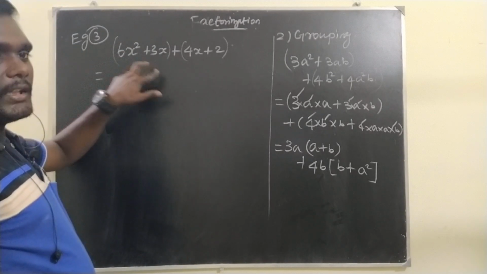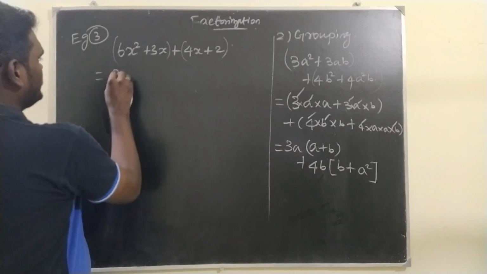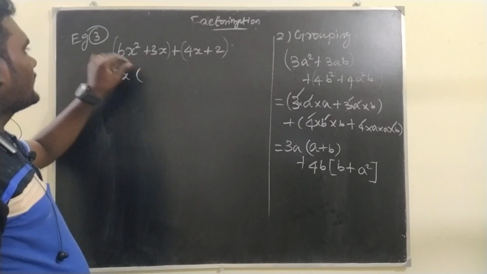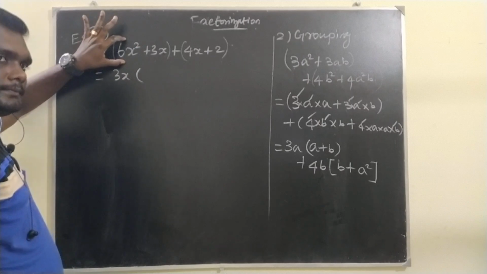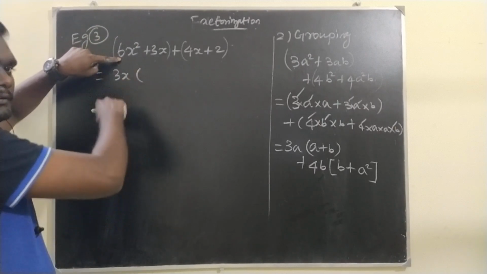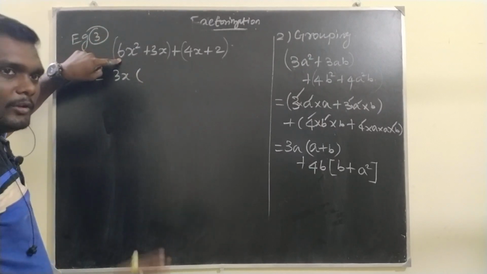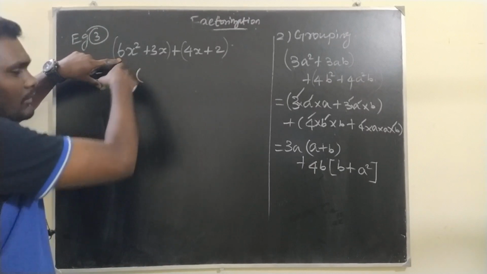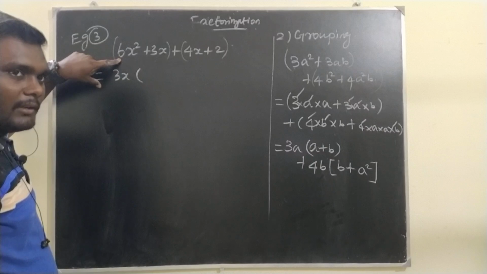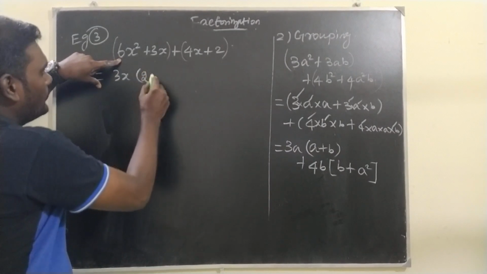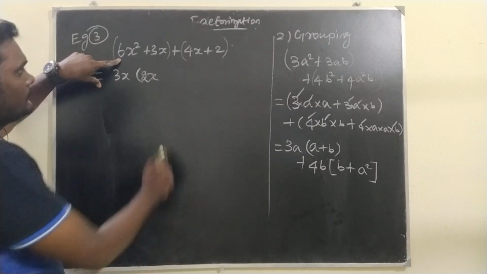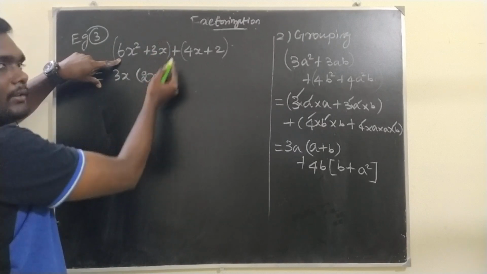From these two, we can take 3x as common. If you take 3x as common from the first term, 3 went, then how many stay inside? Don't say 3, because when we multiply that again inside, 6 should come. So it is 2. From 2x, 1x went. So that is 2x. Plus 3x fully we have taken out.